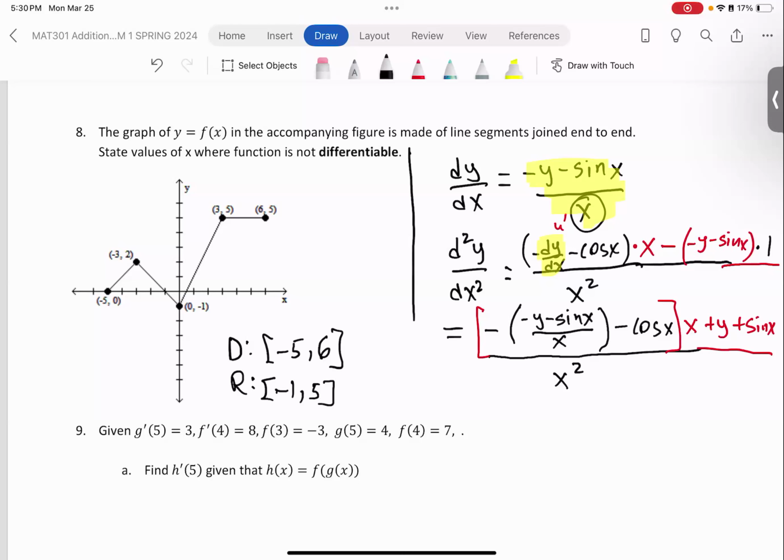It's the same thing as the domain. So where's it continuous? I'm going to write it like this: continuous on, not from, but on. Continuous on, just like you say domain. You say continuous on, and then you write the domain.